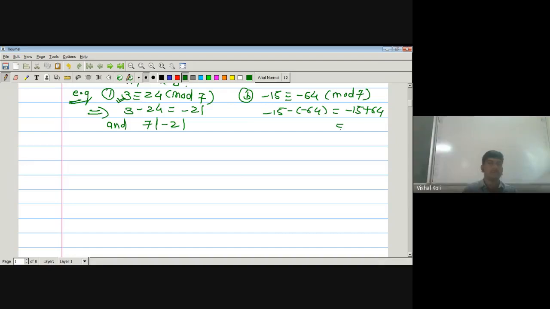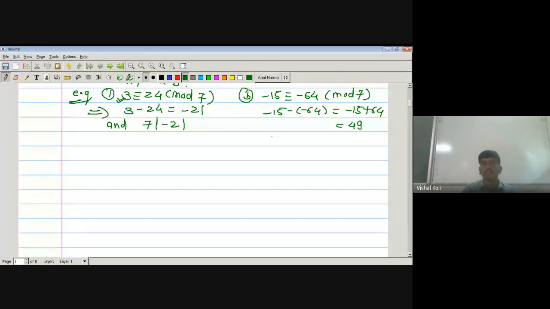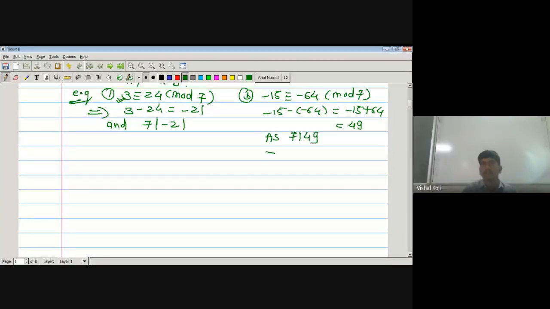Does 7 divide 49? Yes. As 7 divides 49, minus 15 is congruent to minus 64 modulo 7. Okay, now there is one note.